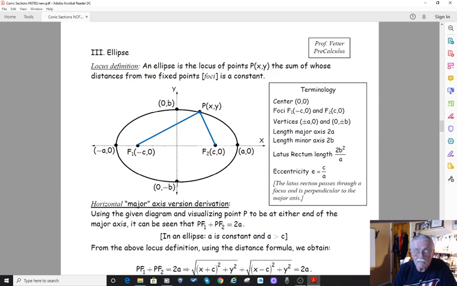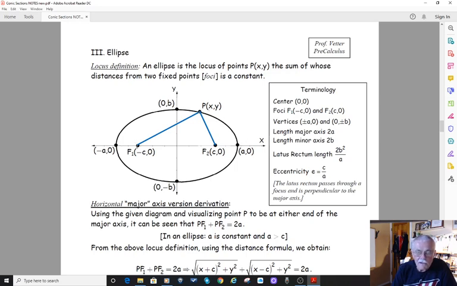and the length of the minor axis here would be 2b. Okay, so going back to the locus definition, the sum of F1P plus F2P, those lengths, is a constant, and it turns out the constant is 2a. Now, how would you know that? Well, let's just look at the picture. Imagine that point P is right here.